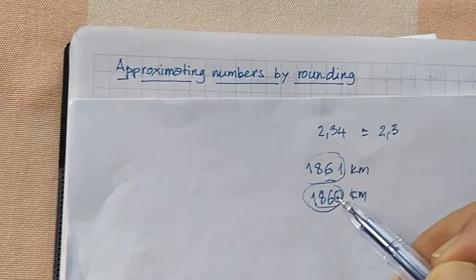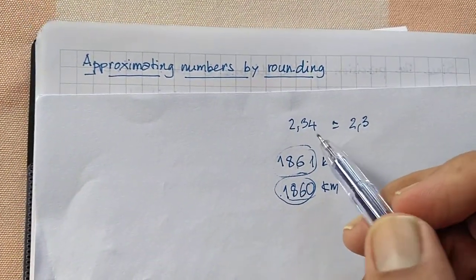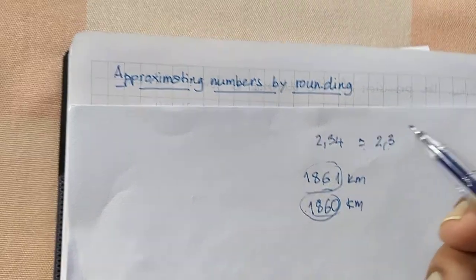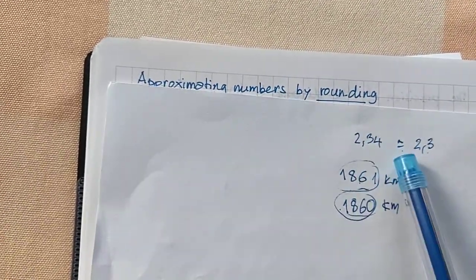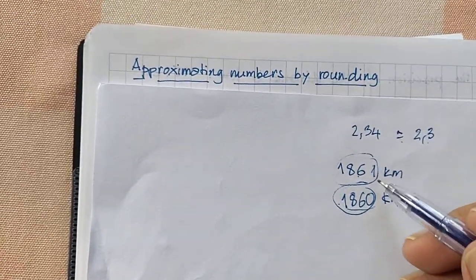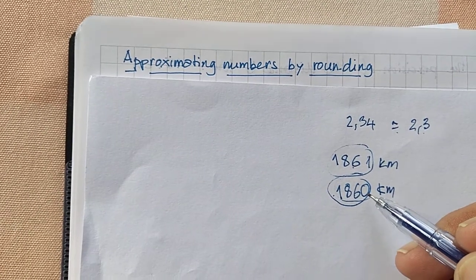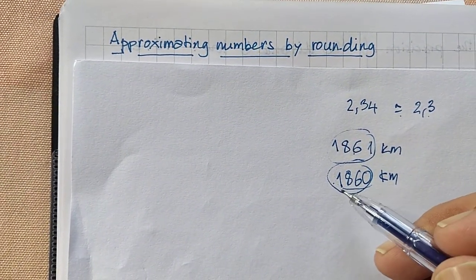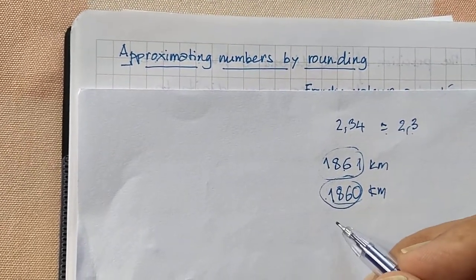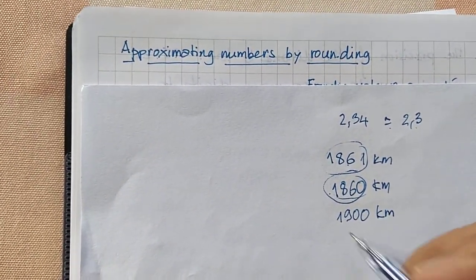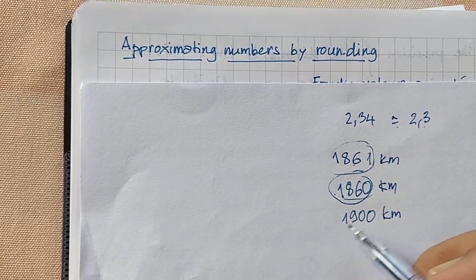All of these 3 terms that I just used have slightly different meanings. Similarly, 2.34 you can say is approximately equal to 2.3. We have reduced the number of digits here. Here we have not reduced the number of digits, but we have got rid of the last digit and written it as 0. You could even say this is approximately equal to 1900 kilometers.